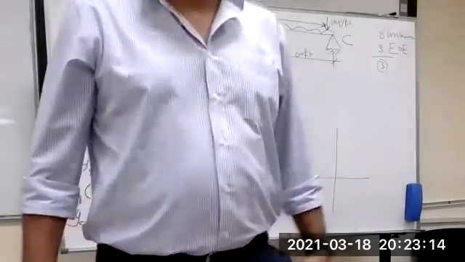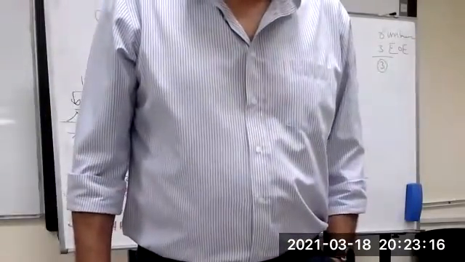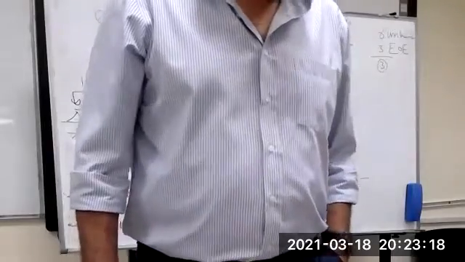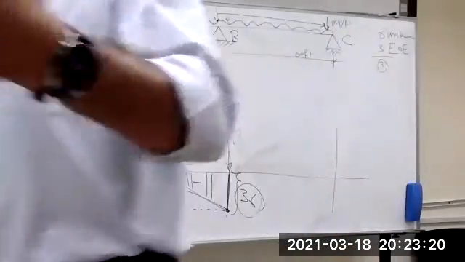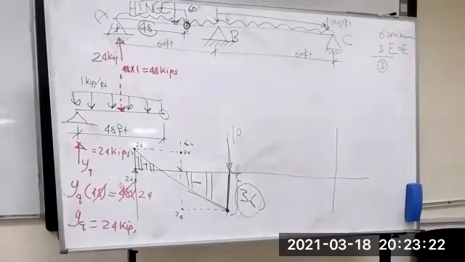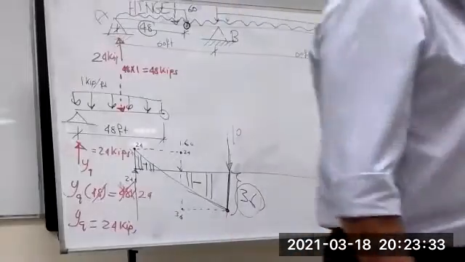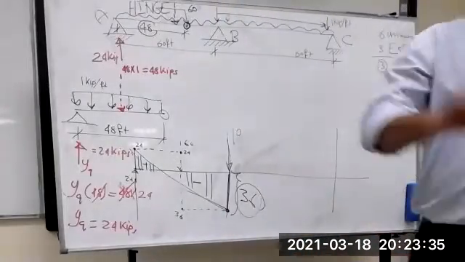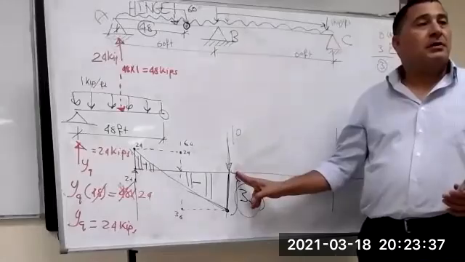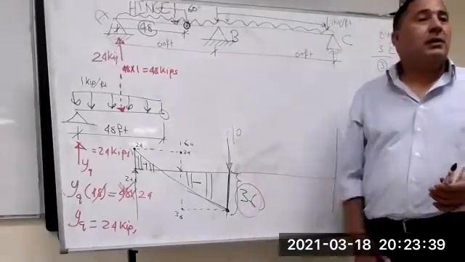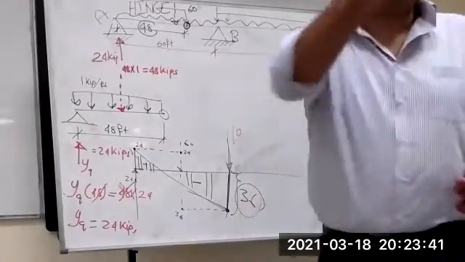Remember, number 10 is equal to B, number 11 is equal to 36, number 9 is A. Memorize it. The question asks the right side of B, which is most nearly 36.